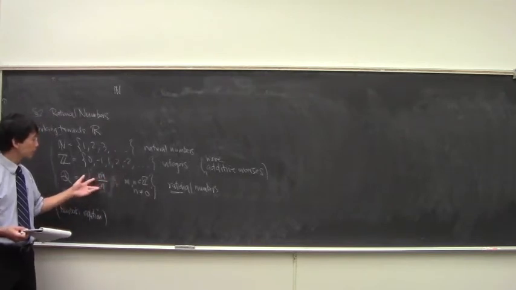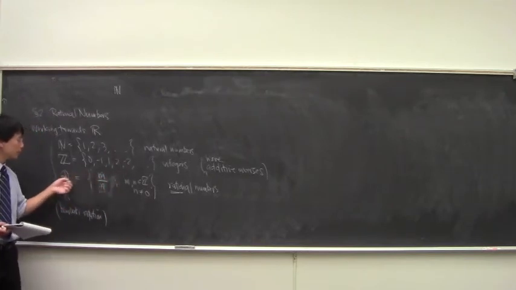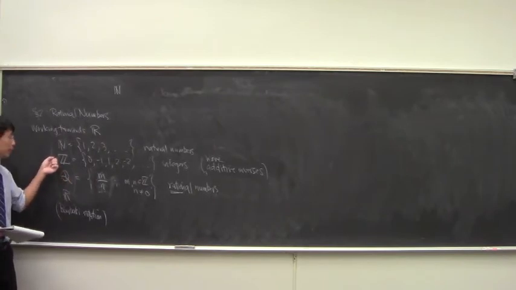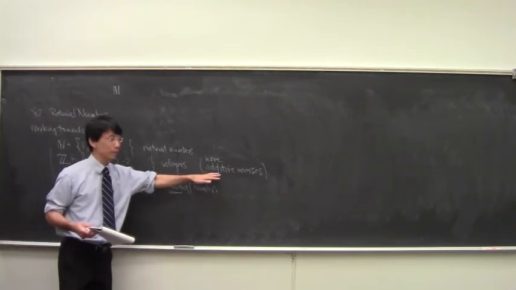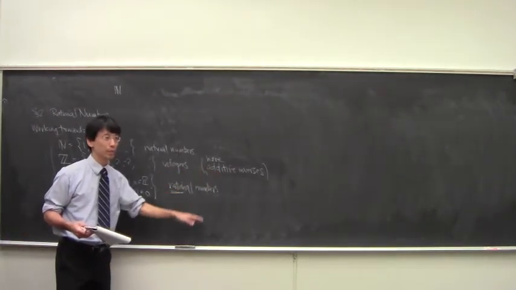What does Q have that Z does not have? Division, or the way we'd like to say it, multiplicative inverses.